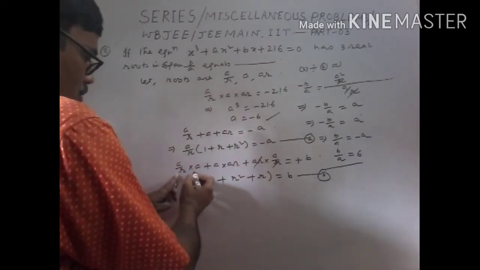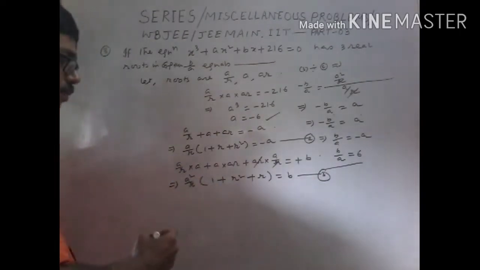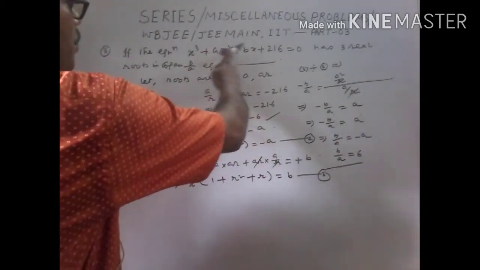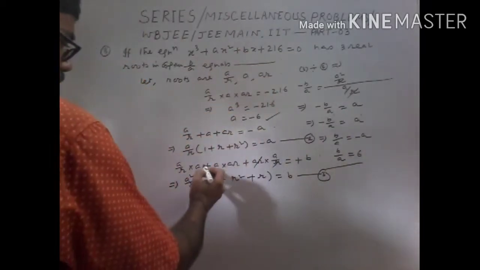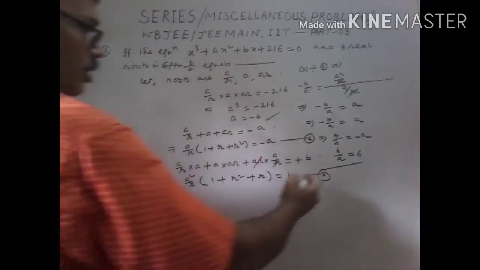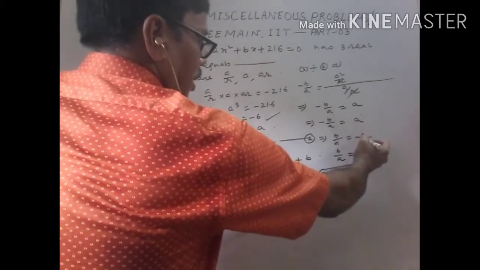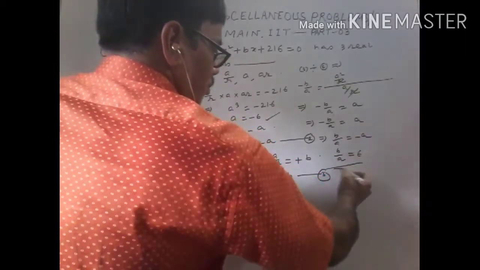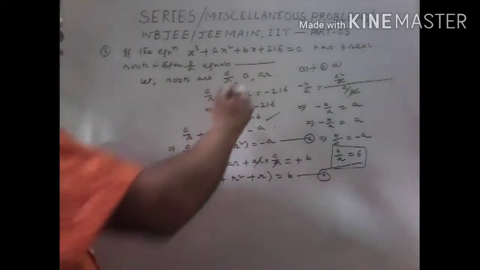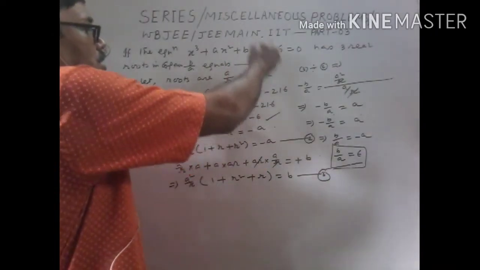Sum of alpha beta, beta gamma, gamma alpha, taking product of 2 at a time, we are getting minus b by a, then b by a. So b by a equals 6. So this is the answer, 6.